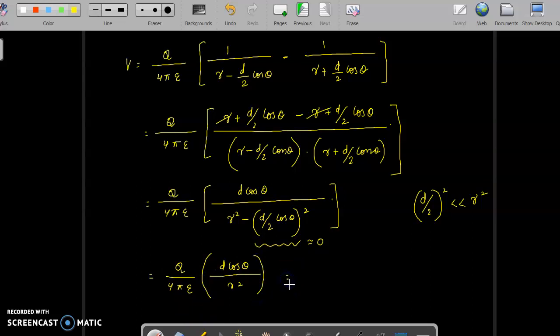Again, using the expression of dipole moment, m equals q times d. So here we have q and d. So qd is m. So m cos theta by 4 pi epsilon r square.